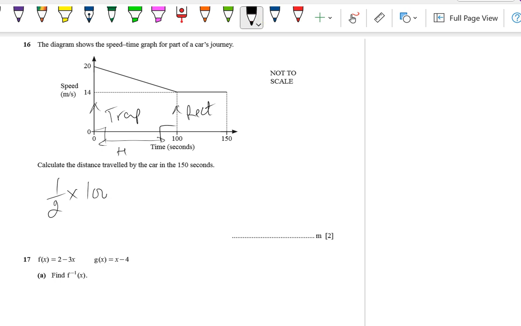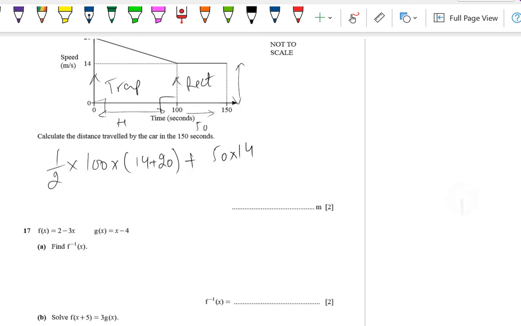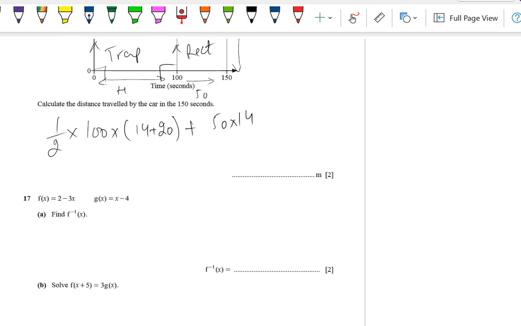So 100 into 14 plus 20 plus 50 and 14 is the dimension of the rectangle. So it should be 50 times 34 plus 50 times 14.